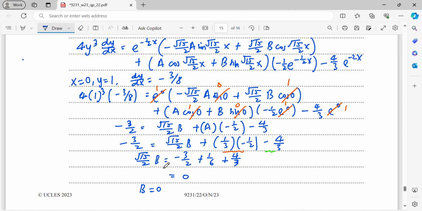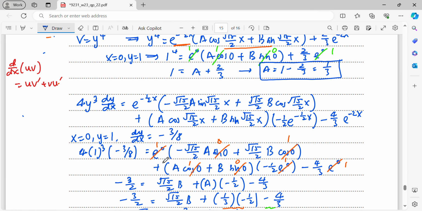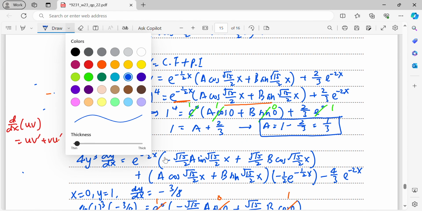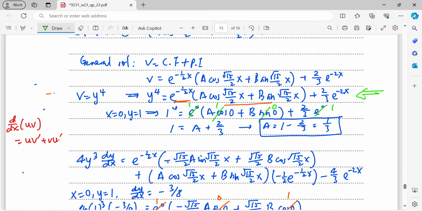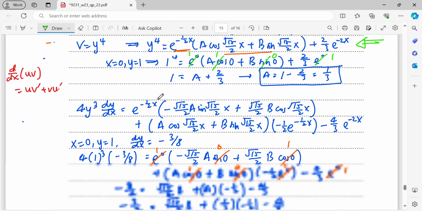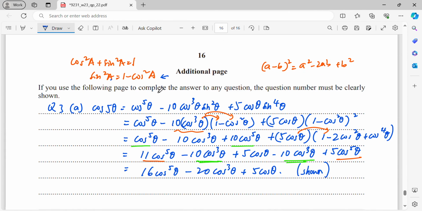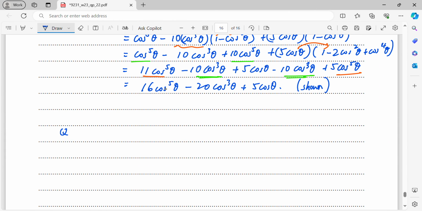So once you get b, my result, just substitute back into here to get the solution. So I will get y to the power 4. So I continue this side. This is question 8.